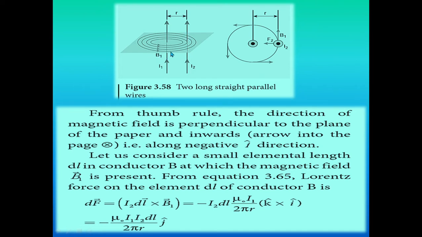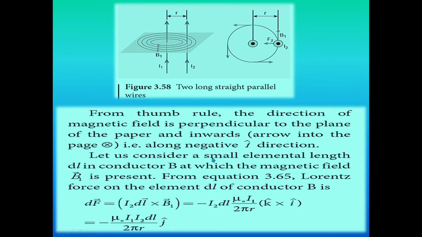This arrow mark is nothing but the inward direction. This is the anti-clockwise sense. So inward means it is along the negative i cap direction.